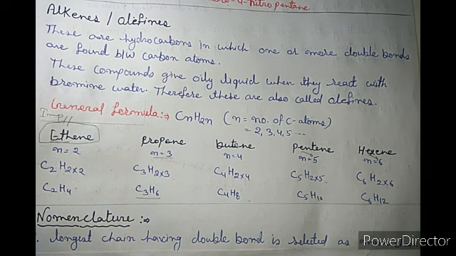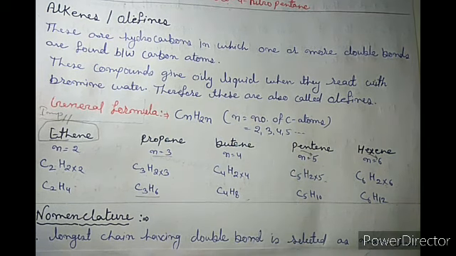Here the value of n starts from 2, because for making a double bond, a minimum of 2 carbons is needed. That's why the value of n starts from 2. Got it?